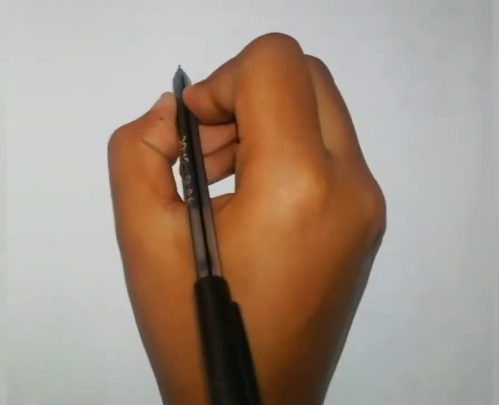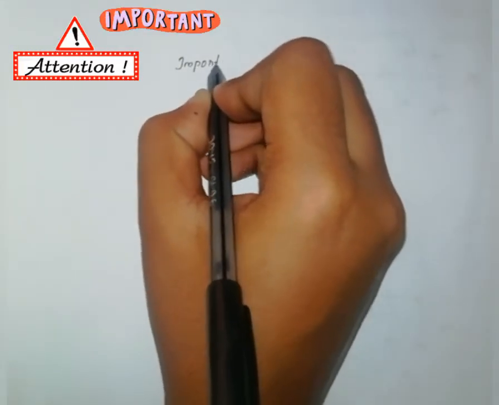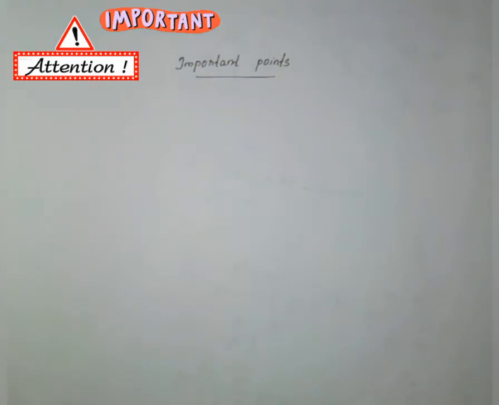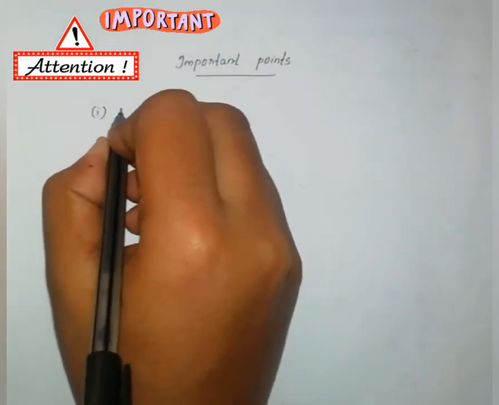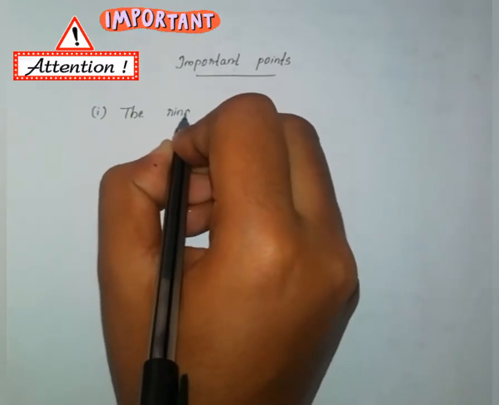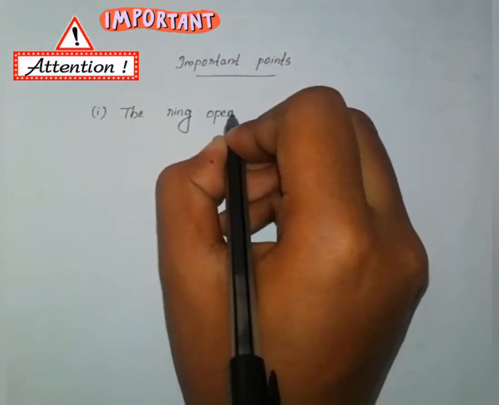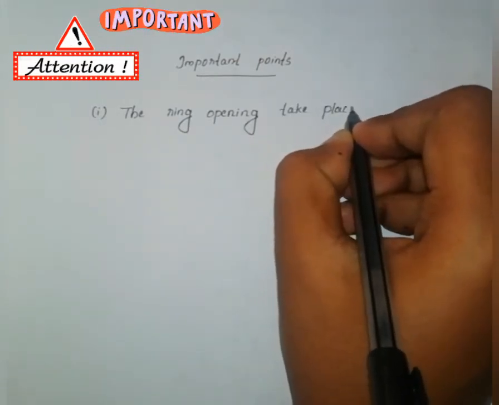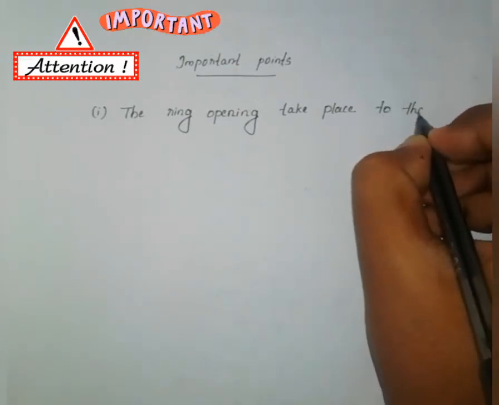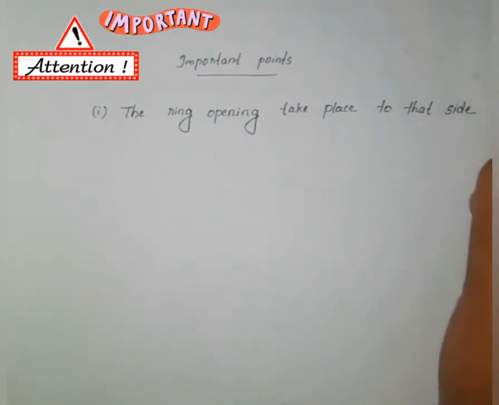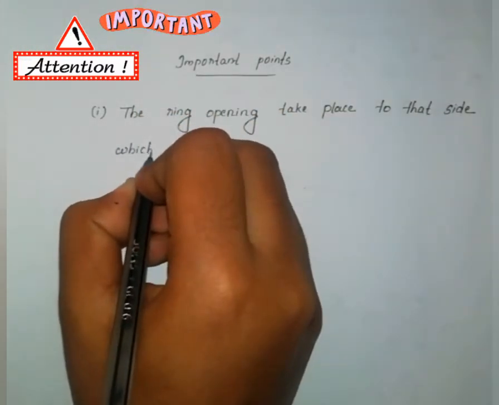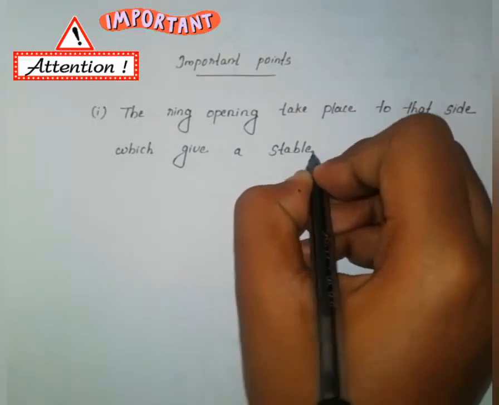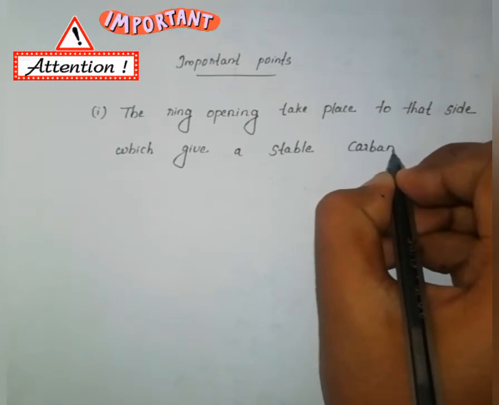The important points that we have to keep in mind in the Favorskii rearrangement are, first, ring opening takes place on that side which gives a stable carbanion.